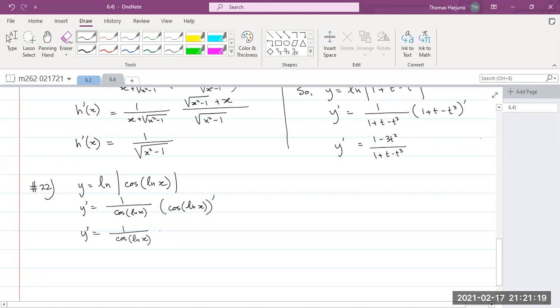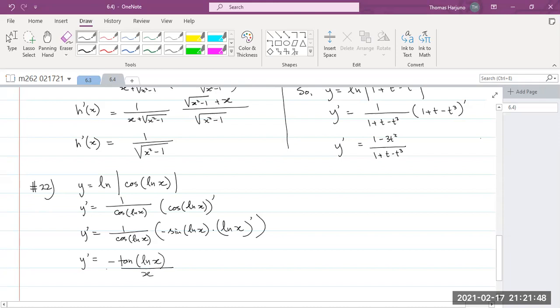The derivative of cosine is negative sine of natural log of x times the derivative of natural log of x. Let me use this notation, even though I know the derivative of natural log of x is 1 over x. So this will be negative tangent of natural log of x times 1 over x.